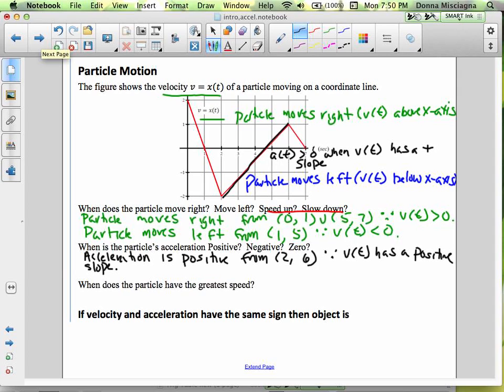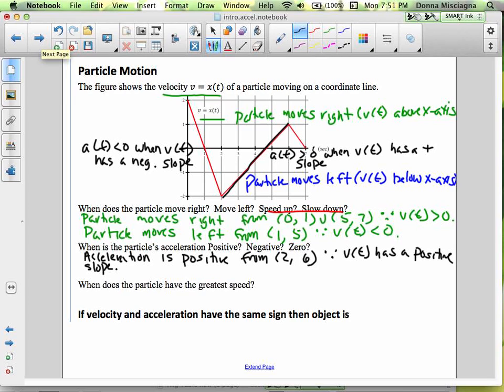Now the rest of the time, a of t is going to be negative when v of t has a negative slope. Just like when the position had a negative slope, velocity is negative because we're moving to the left. And when the position had a positive slope, velocity was positive because we're moving to the right.